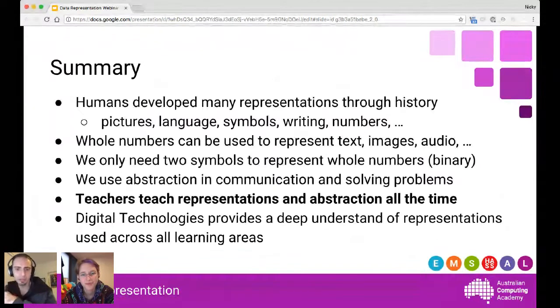It provides us with a real opportunity to make sure that the understanding that students have about language and about numbers and mathematics is genuine and deep and has a context that makes sense. We don't want students learning things in isolation. This provides us with a means of actually exploring those things in more detail.